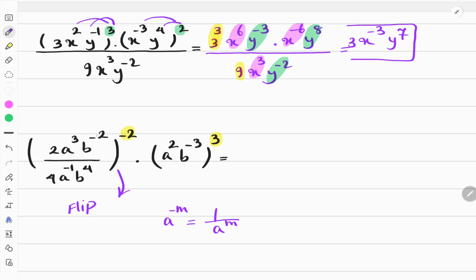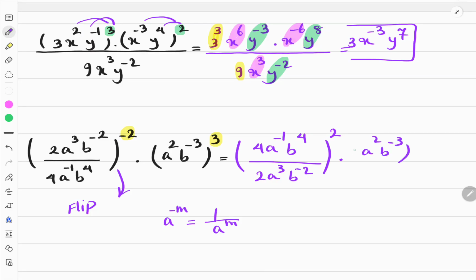Okay, so just flip this fraction. And raise to power positive 2 times a to b minus 3 cubed.